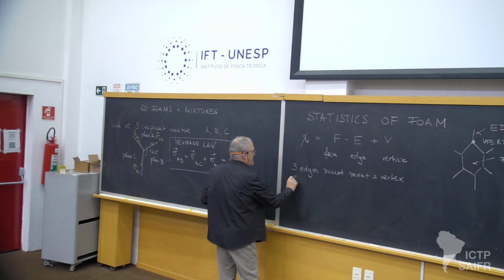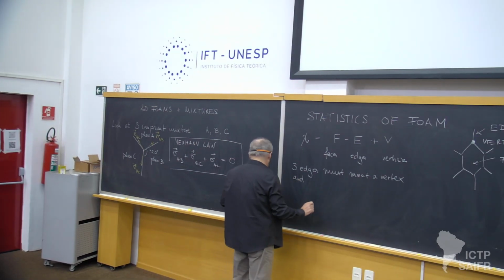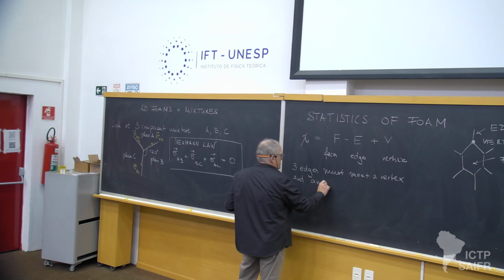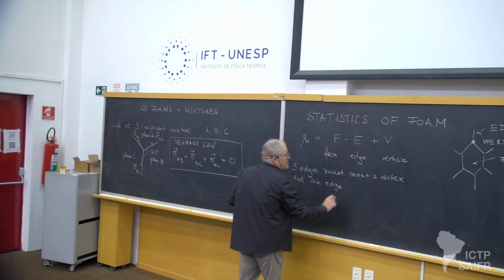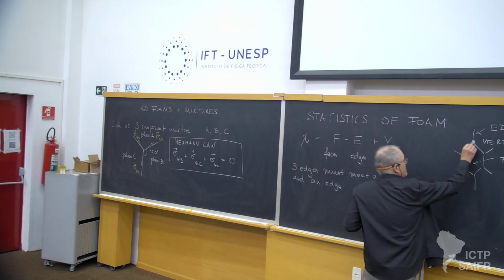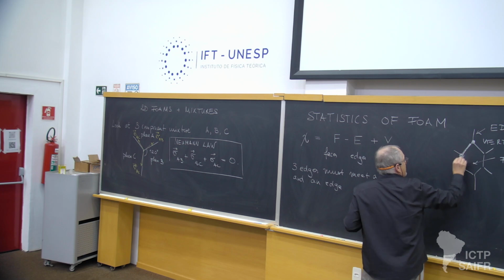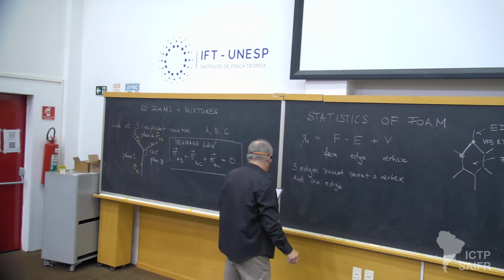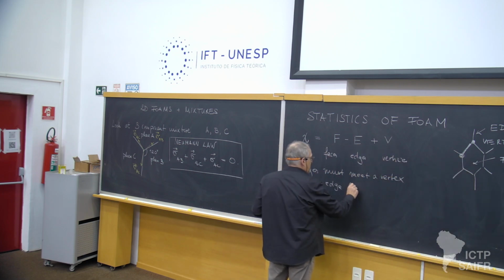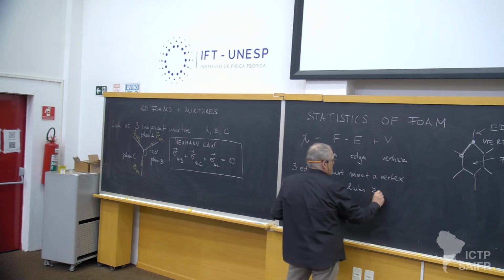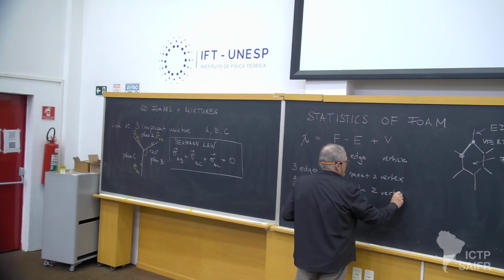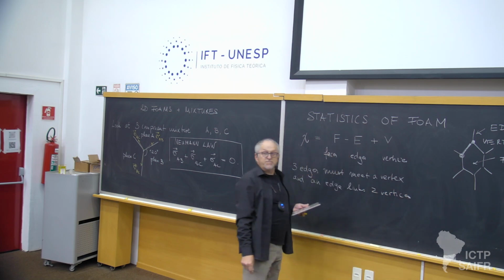And the second fact is, an edge that you see there, so let's say this edge here, is connecting 2 vertices. So an edge links 2 vertices. And that has an implication.